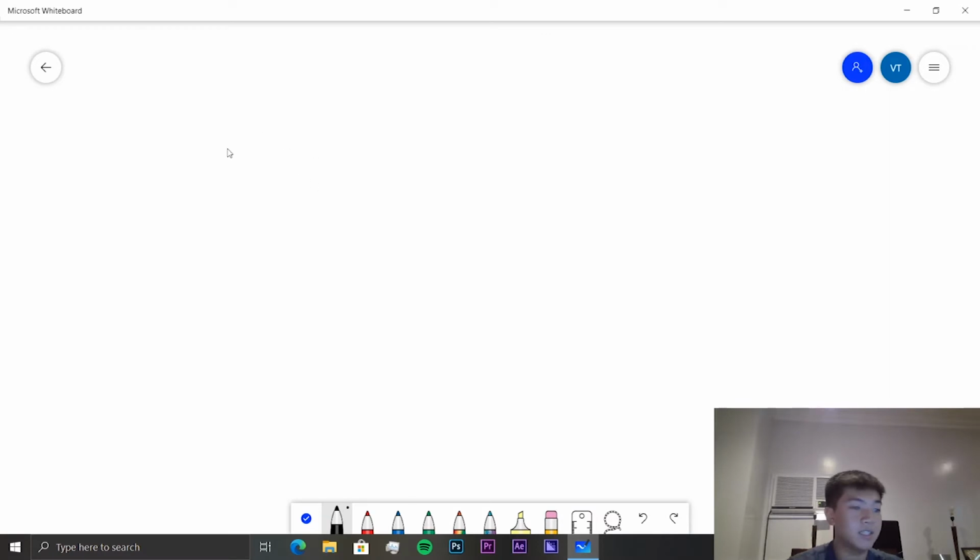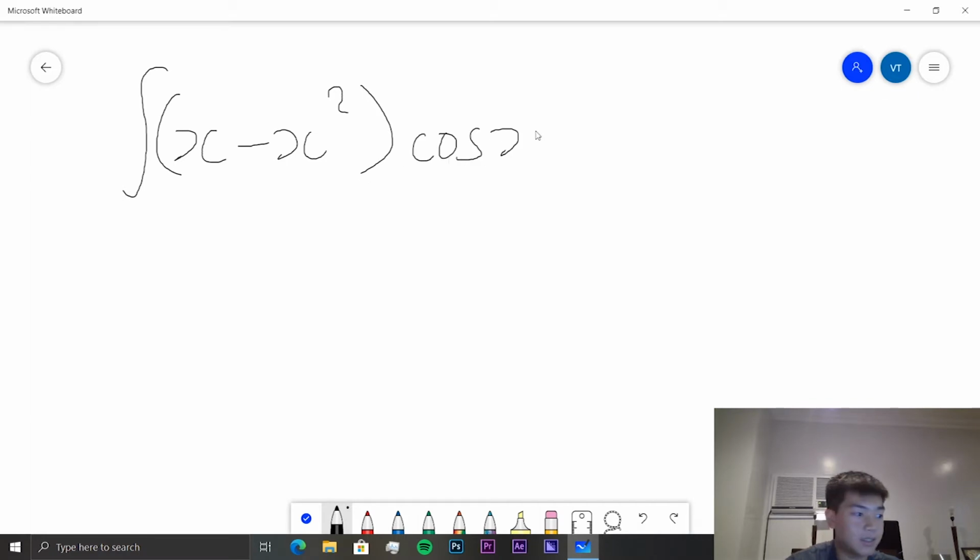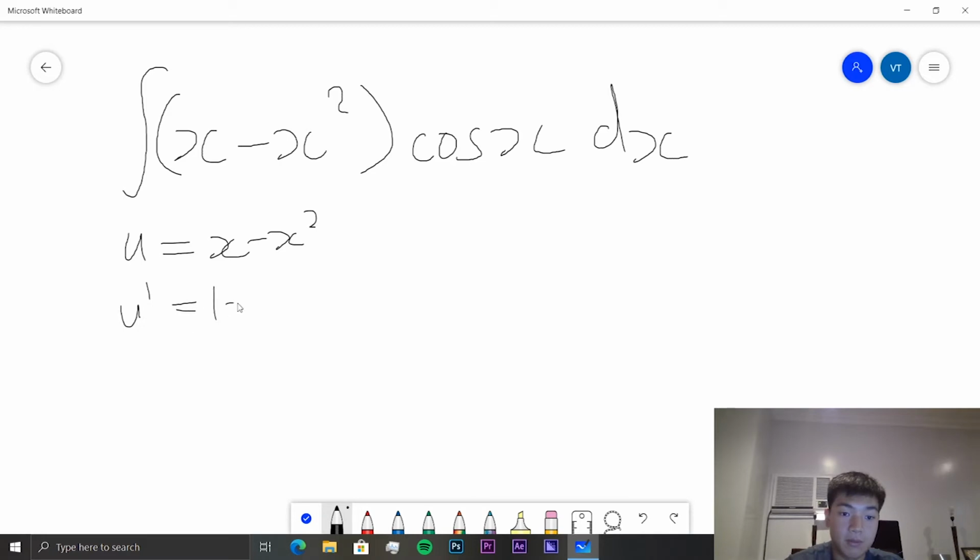So the next question is we need to integrate x minus x squared times cosine x dx. So let's integrate this by parts twice. U is equal to x minus x squared, u prime is equal to 1 minus 2x, v prime is equal to cosine x, v is equal to sine x.